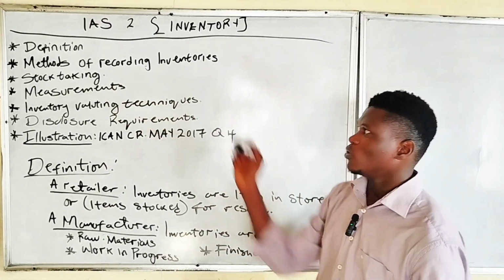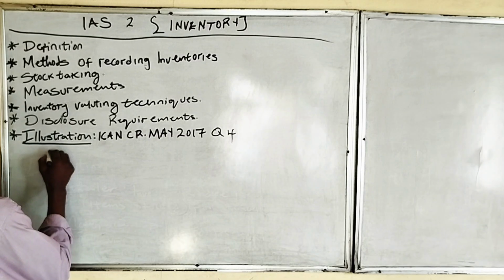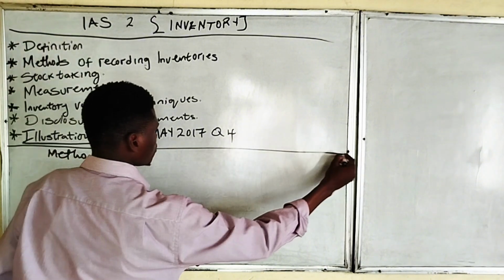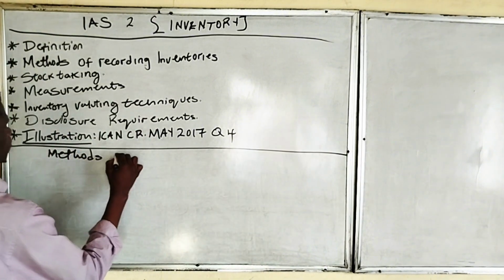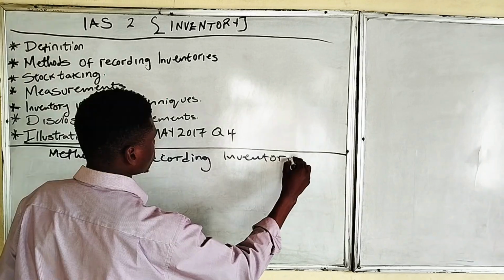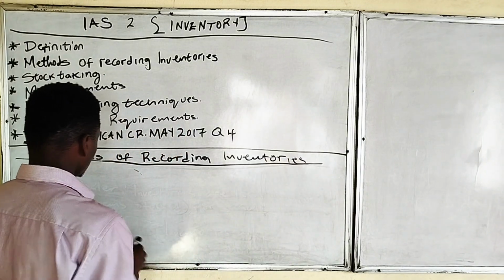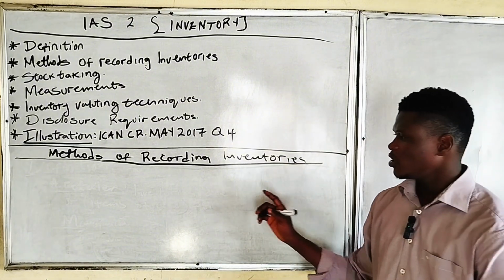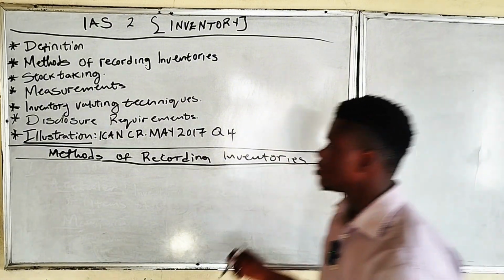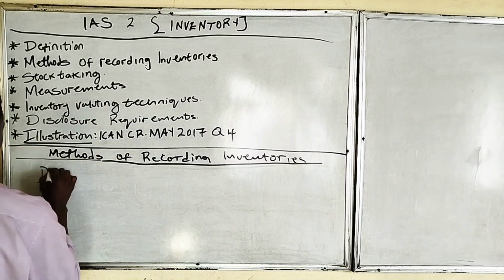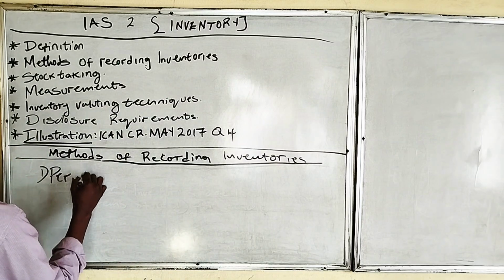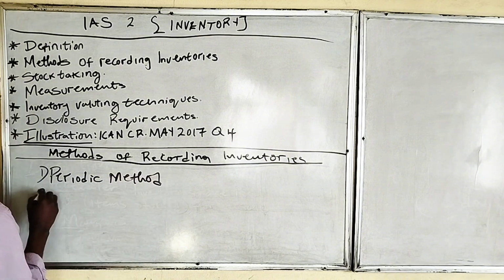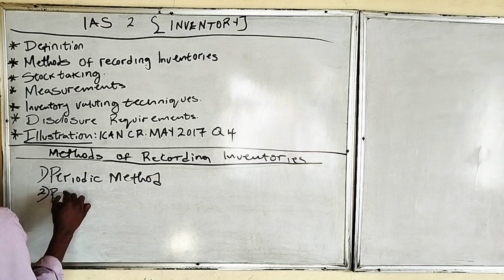So we have methods of recording inventory. We have two methods of recording inventories. The first one is the periodic method, and secondly, we have the perpetual method.